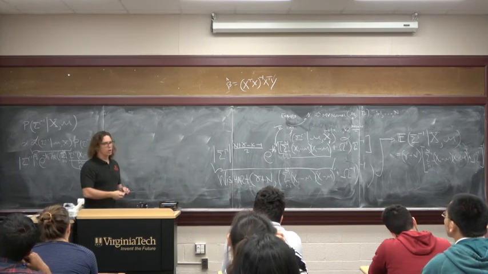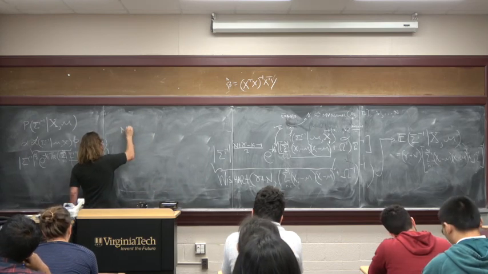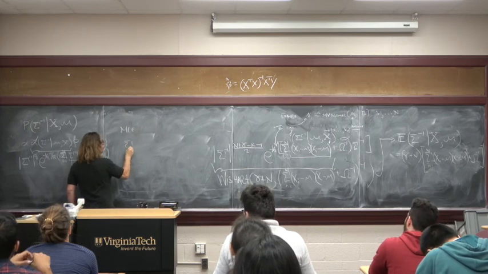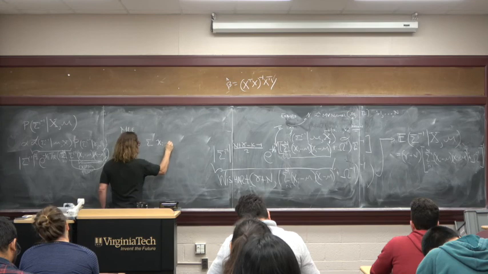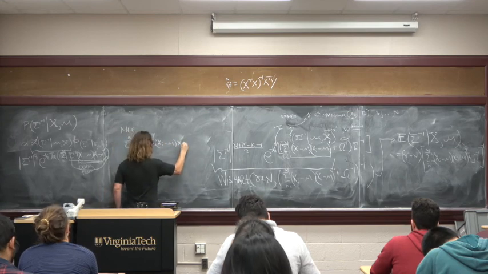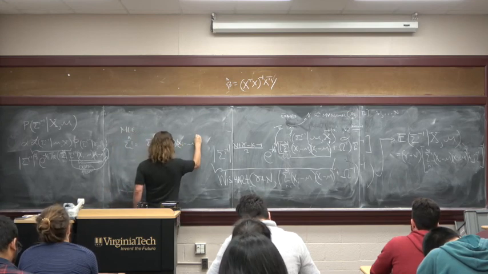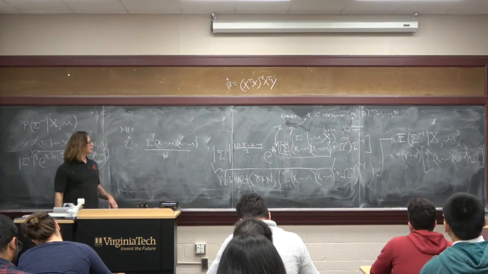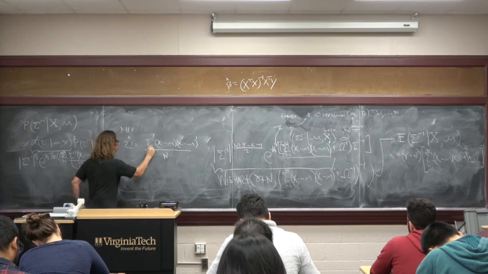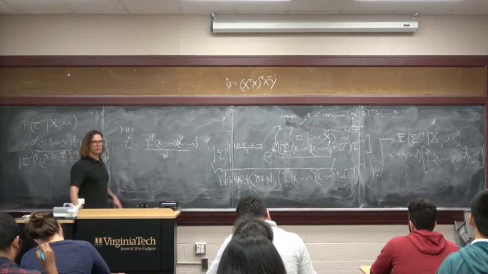The MLE for sigma hat is going to look like this: the sum of xi minus mu, xi minus mu transpose, divided by n. So that's what a lot of people would use as an estimator.